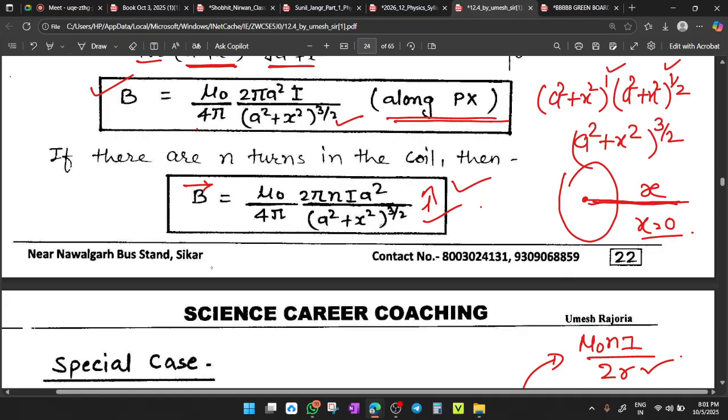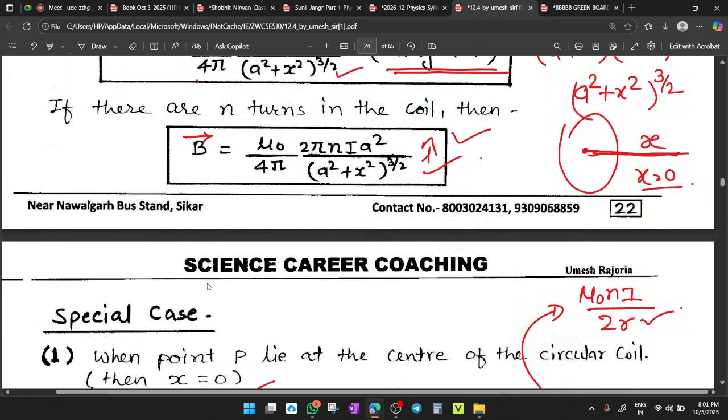So we have the derivation mu naught upon 4 pi, 2 pi n I a square upon a square plus x square to the power 3 by 2. Now one special case is if x is very very greater than a, if the point is very far away from the center, then B equals mu naught upon 4 pi.